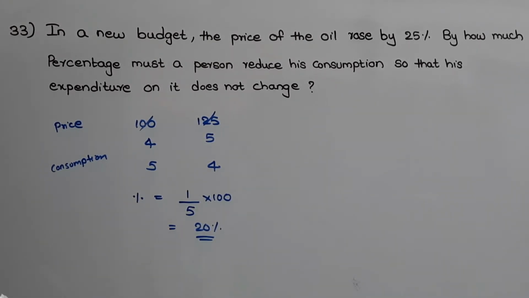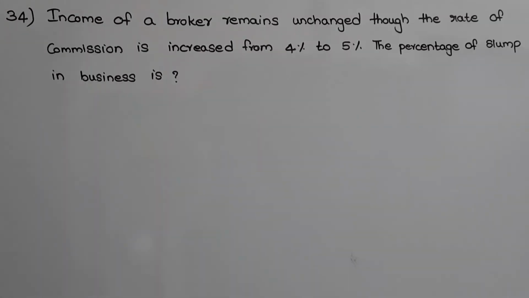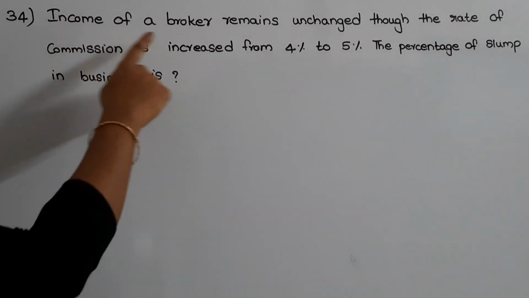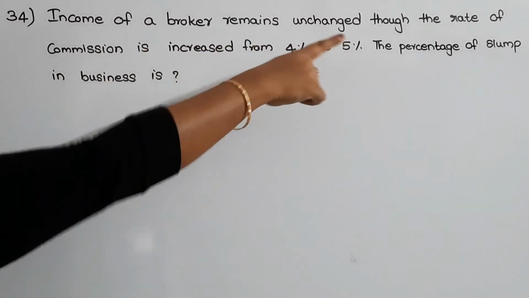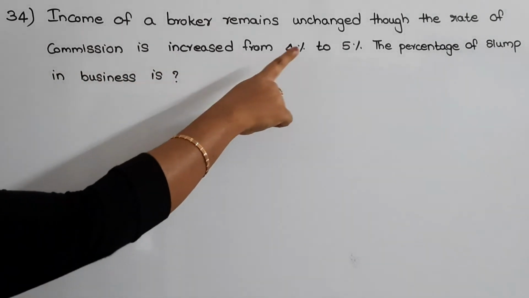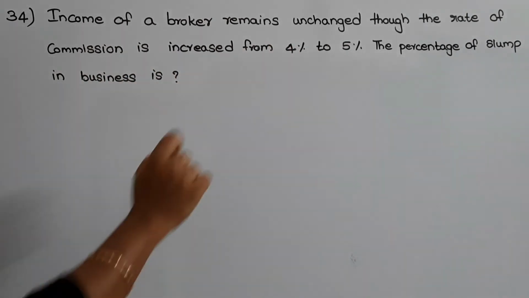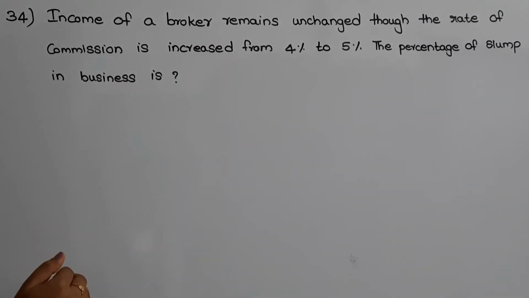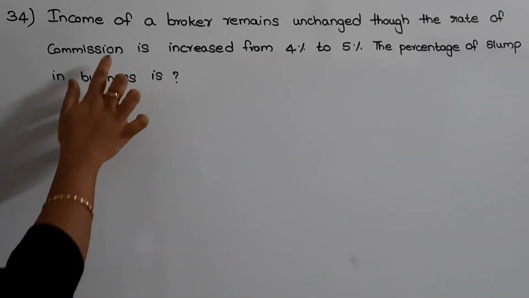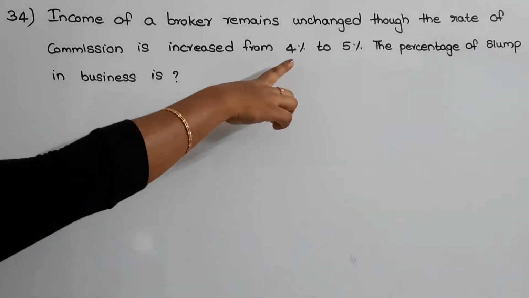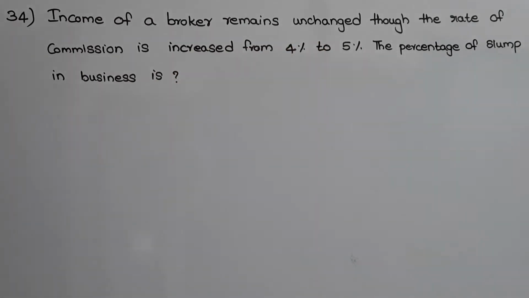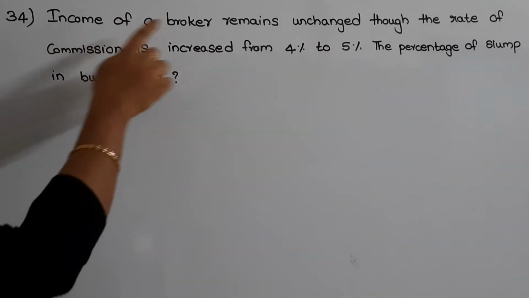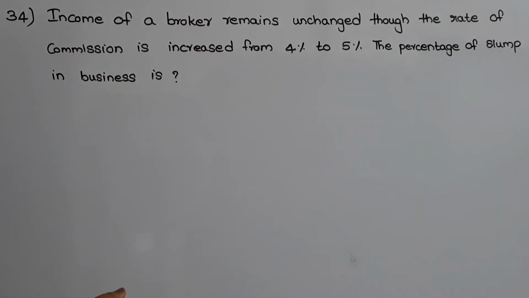The next question is, income of a broker remains unchanged though the rate of commission is increased from 4% to 5%. The percentage of slump in business is. So in this question, they are telling that the rate of commission of a broker increased from 4% to 5%, but the income of the broker remains unchanged.